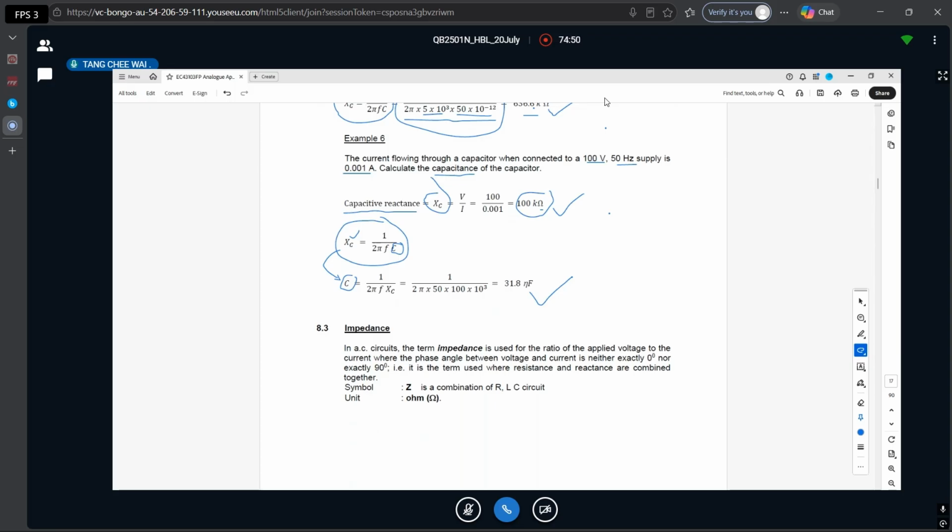All right, given 50 hertz frequency, XC you found just now, and you put it in here. Substitute here, and then of course again you use your calculator and confirm your answer.